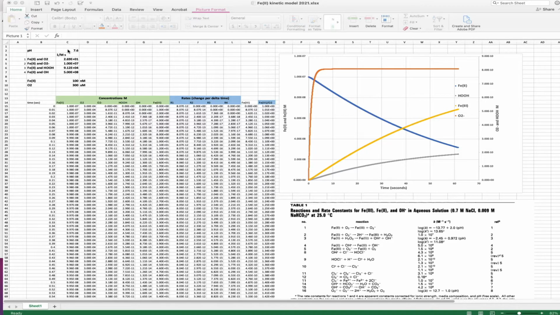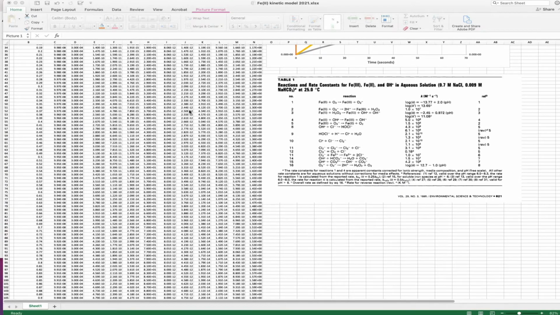So in order to build a real spreadsheet for iron oxidation, I actually have to know the rate constants. And so this table, which is based on a paper we wrote 25 years ago, lists the key series of reactions that you might consider for iron oxidation.